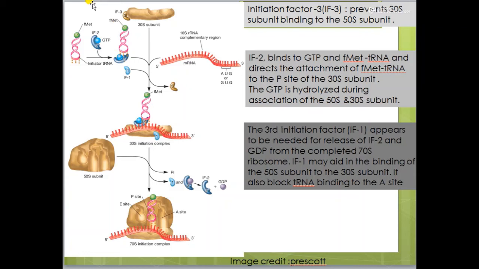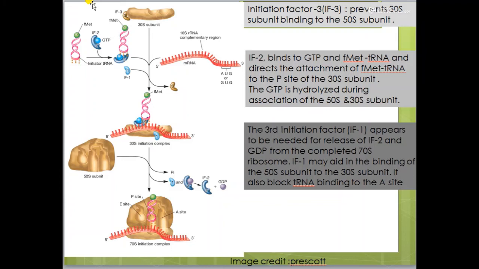So formyl methionine has to be brought towards the 30S subunit. That role is done by another mediator called IF2, which binds with GTP and attaches to the formyl methionine. It will drag and bring the formyl methionine and put it in the P site of the 30S subunit.